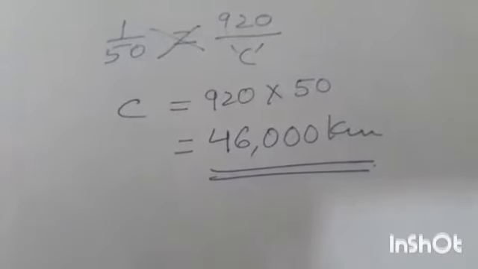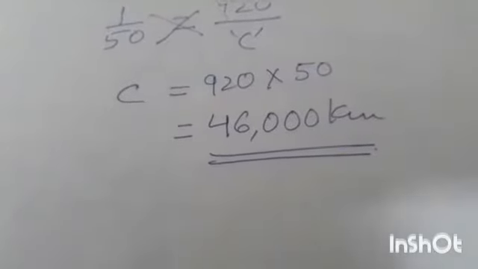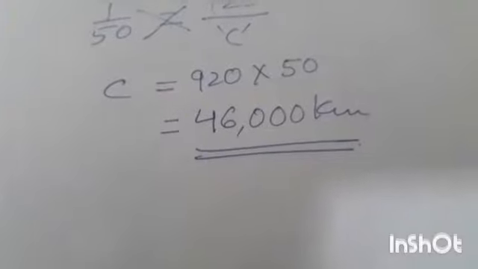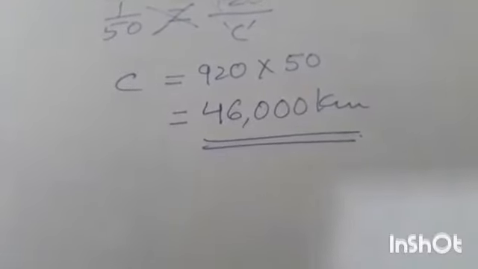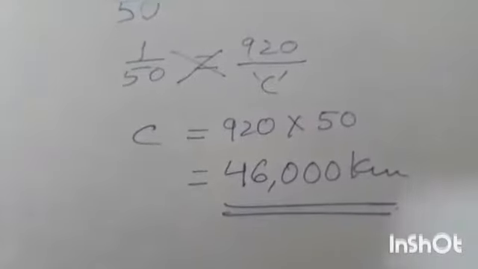46,000 kilometers is not the real figure, and it was not accurate also, but modern scientists have made these calculations very precisely, right? This is how Eratosthenes calculated the circumference of the Earth.